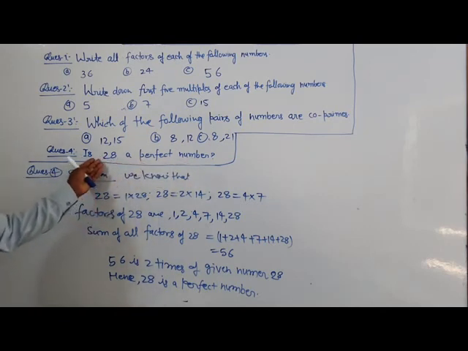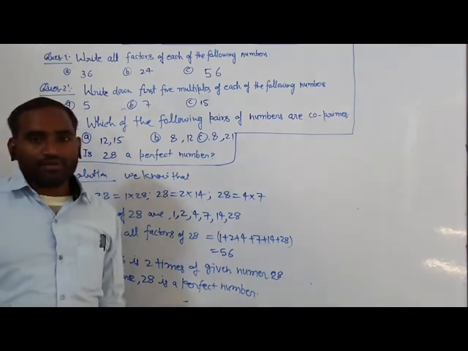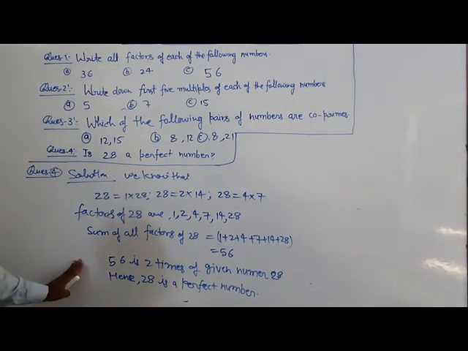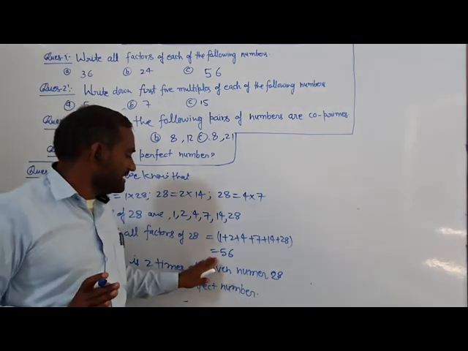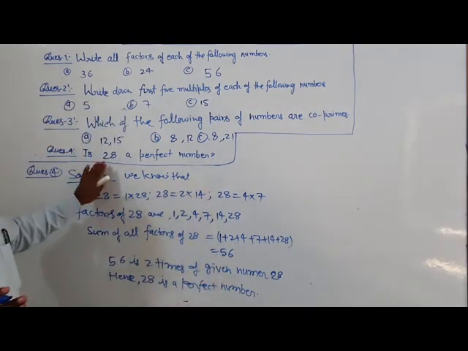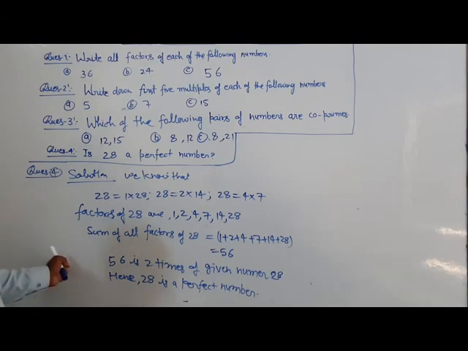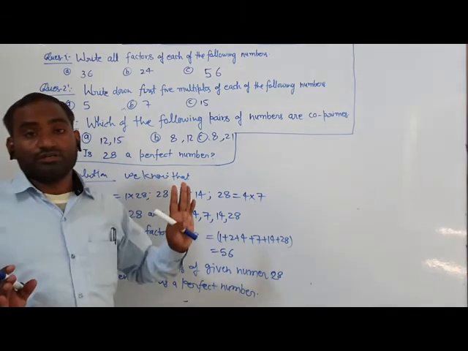So we can say that 28 is a perfect number because sum of all the factors of 28 is 2 times of 28. So it is a perfect number.